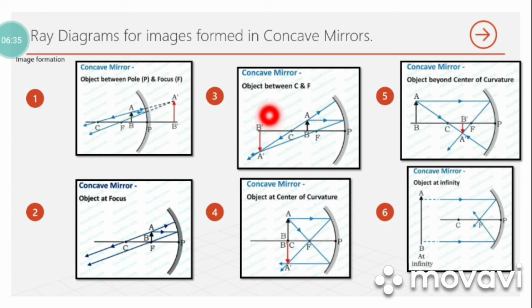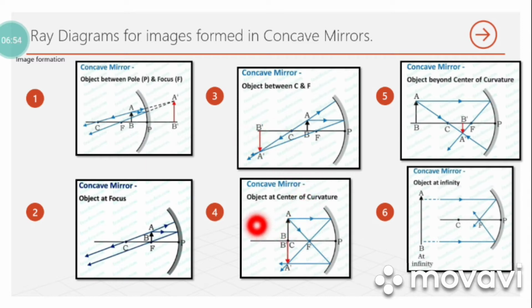In the third case, if the object is placed between the center of curvature and the focus, then the image is formed beyond the center of curvature, it is inverted and real and magnified.